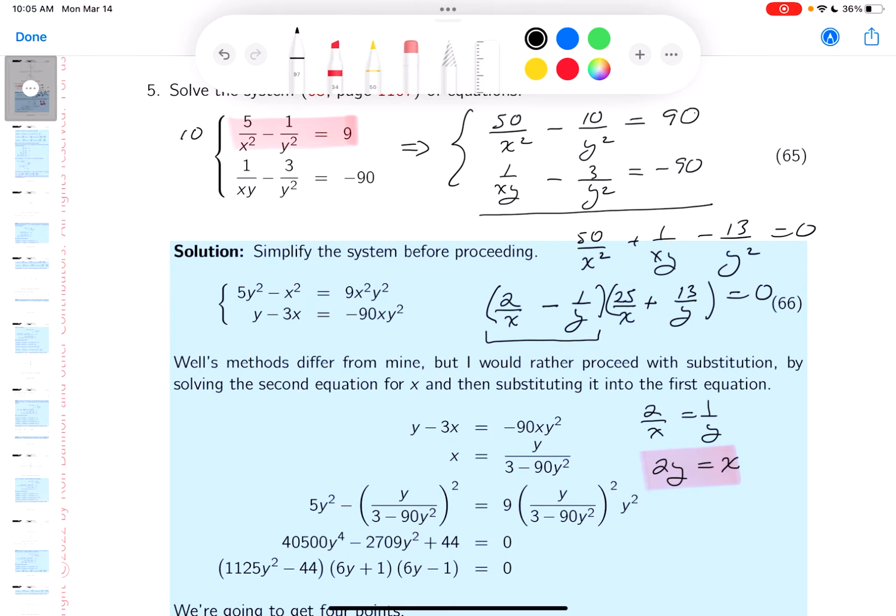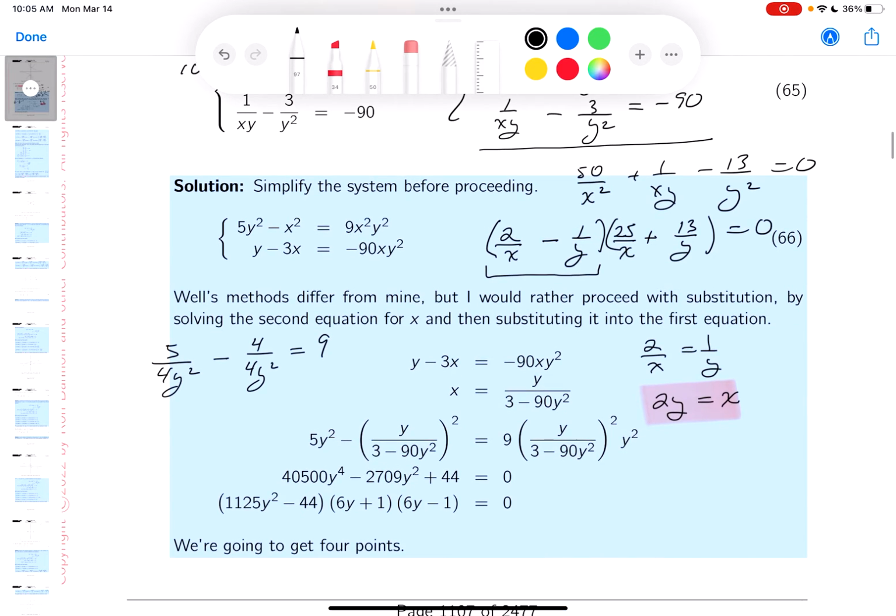And let's take a look at this thing over here. So what do you get? You get 5 over x squared, which is 4y squared, minus 1 over y squared. 1 over y squared is the same thing as 4 over 4y squared. And that's going to equal the number 9. And what do you get over here?